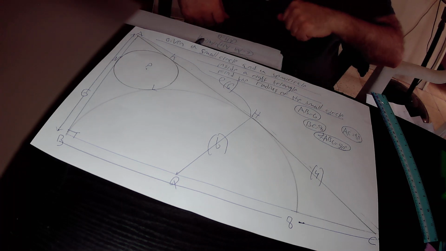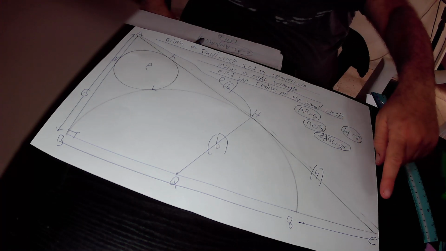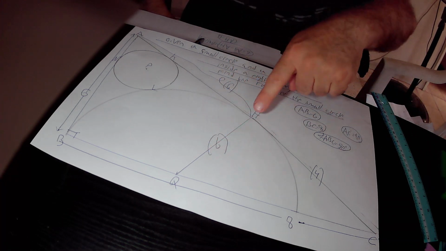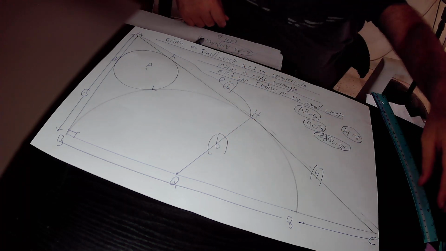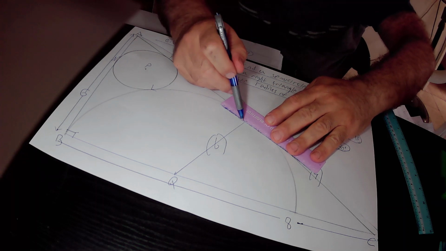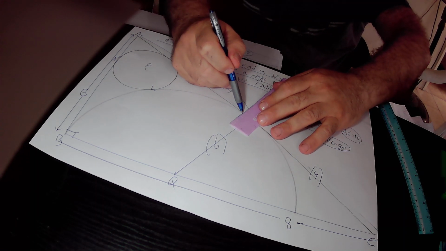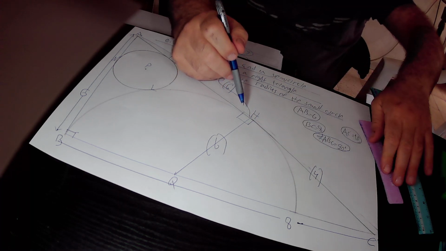And whenever you have a radius drawn to the point of tangency, then tangent AC will be perpendicular to the radius QH. If AC is perpendicular to QH, it means that this angle equals 90 degrees and this angle also equals 90 degrees according to rule 1.